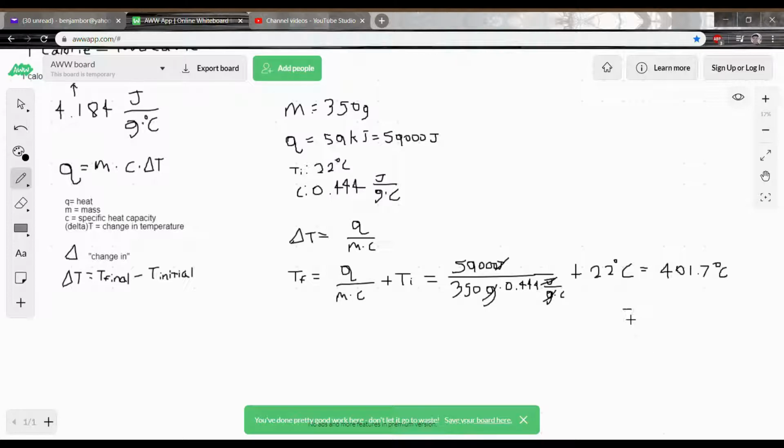So, our final answer is that the final temperature of the horseshoe that the blacksmith has added energy to is 4.1 times 10 to the second power degrees Celsius.